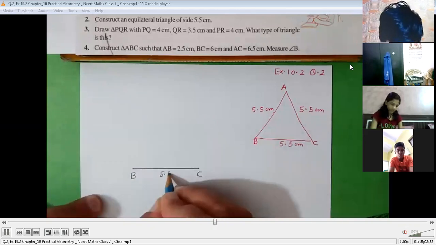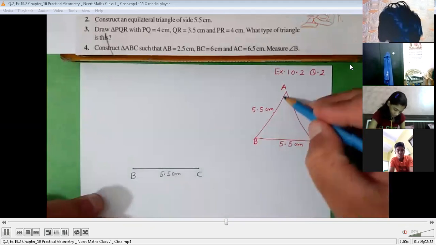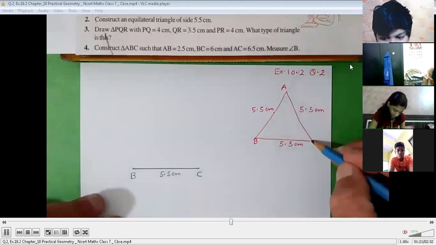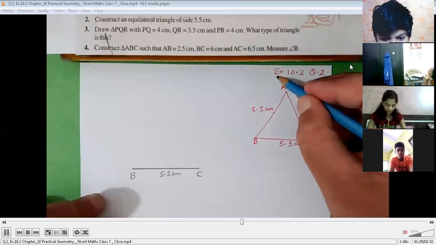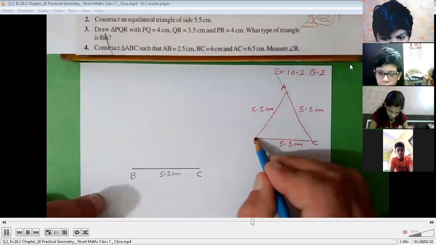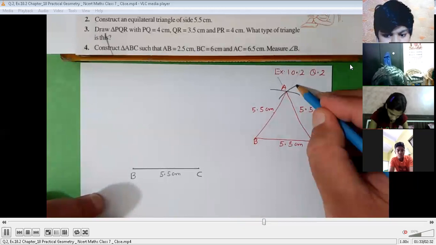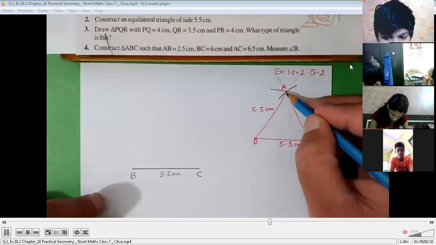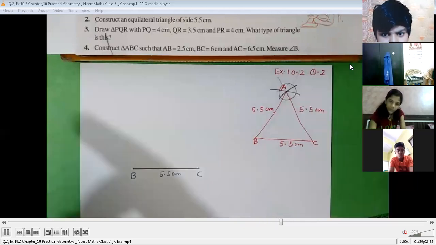Again, we are going to draw the lines BA and AC. These are also 5.5 centimeters, because this is an equilateral triangle, so all the sides are equal. So we'll draw one arc from here and one arc from here of 5.5 centimeters. This is the point where we have to join.